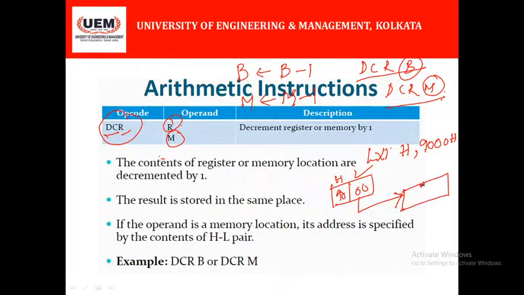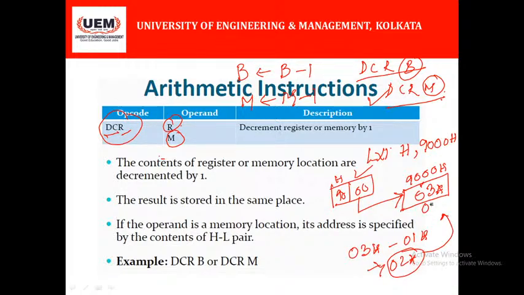Then we point to the 9,000 location and retrieve the value. Say the value is 03H. Then when we execute DCR M, the value of M is 03H and we decrement it by 1. So the result is 02H. 02H will be stored in M, that is 9,000. So this value will be overwritten by 02.